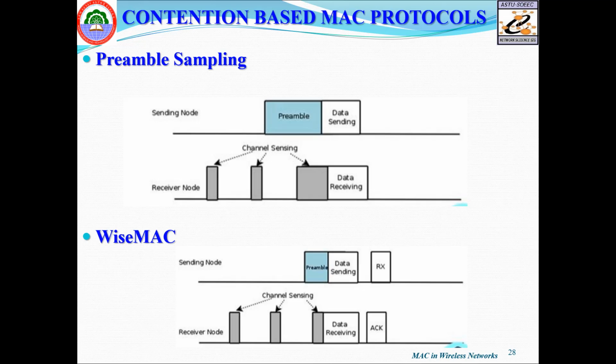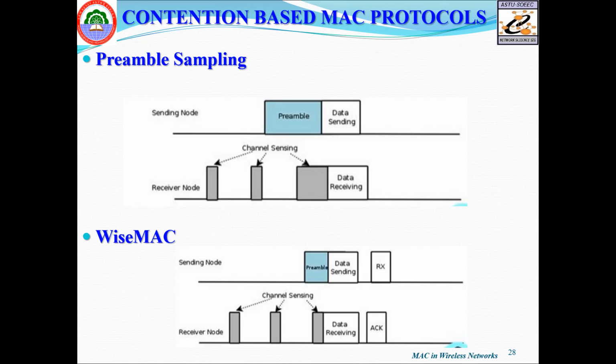The receiving node keeps on sensing the channel, and if it sees a sender trying to send a packet, which has a preamble to it, it is going to activate the sensing and start sensing continuously for that particular packet.